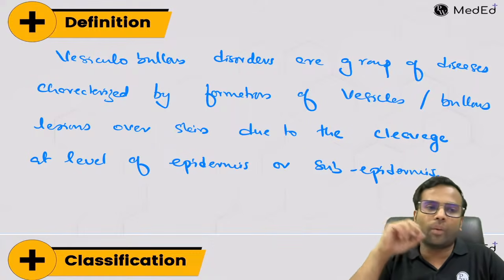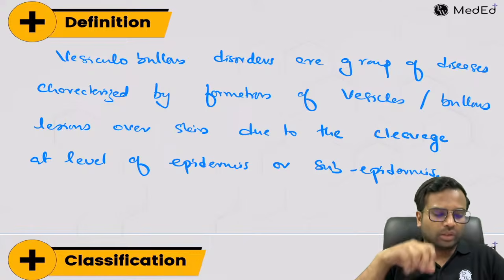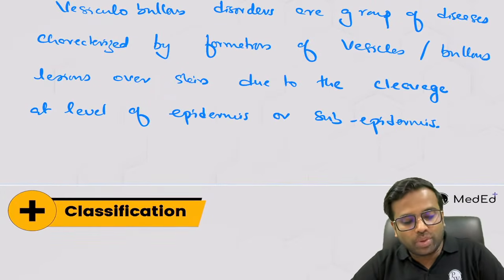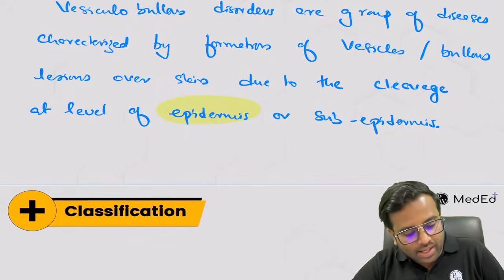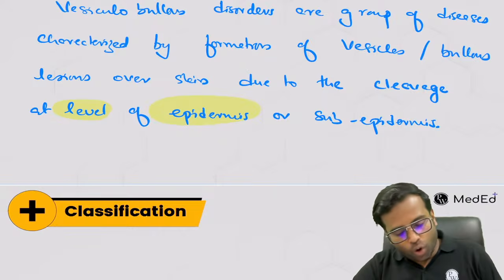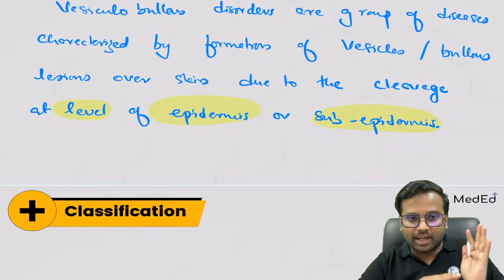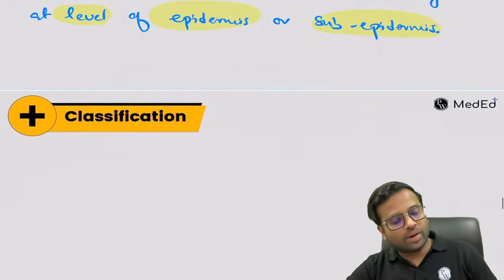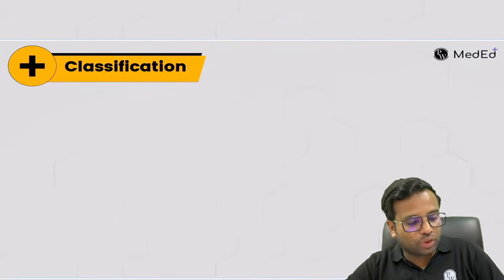Clear? Now, what is the classification? So, classification here, again, it is easy. There should be either a vesicle which forms at the level of the epidermis, or a cleavage that happens at the level below the epidermis, isn't it? That is why the classification is of two types.